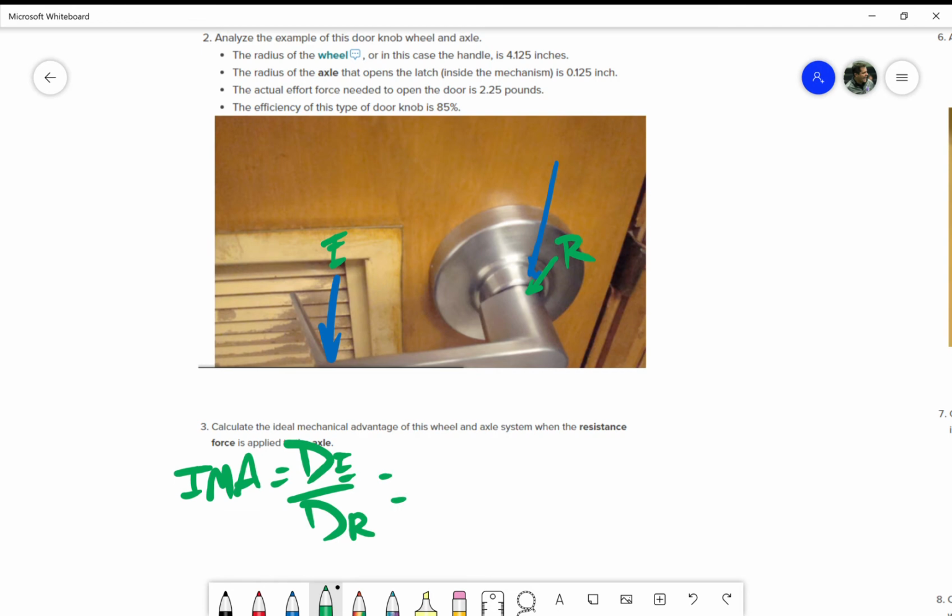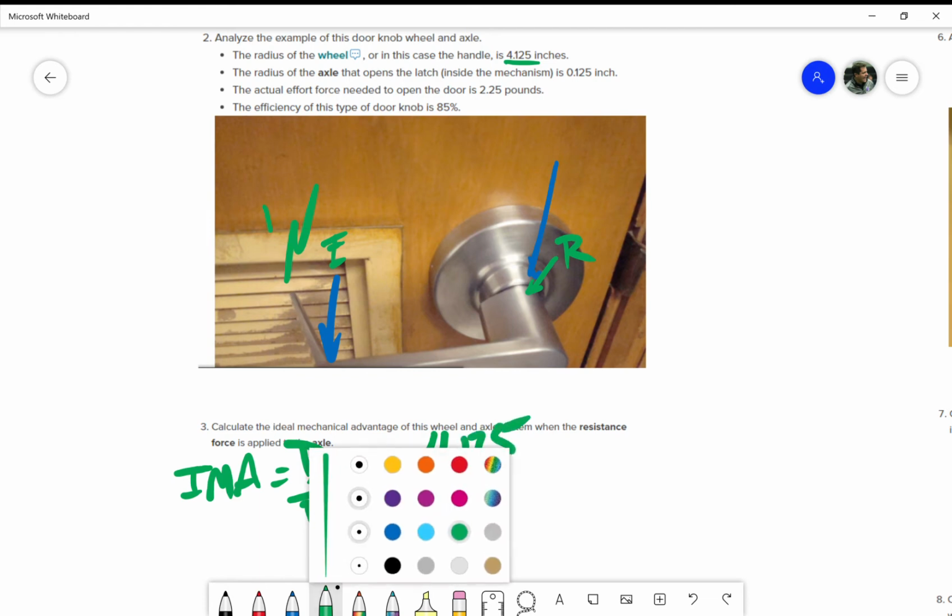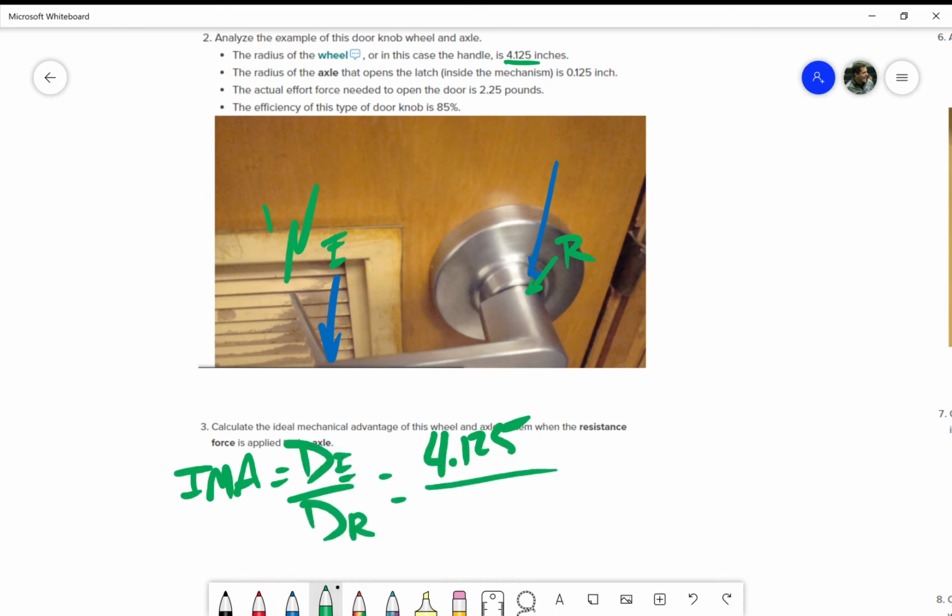We have the radius of the wheel, which is the effort, is going to be 4.125. The radius of the resistance is 0.125. We divide it out and we get an IMA of 33.